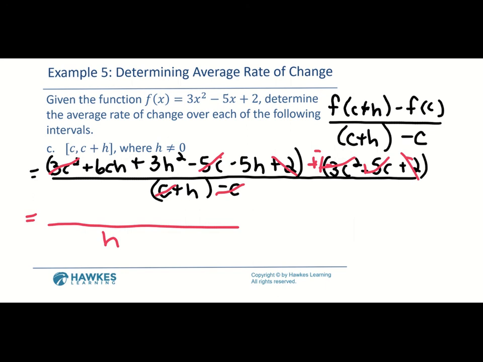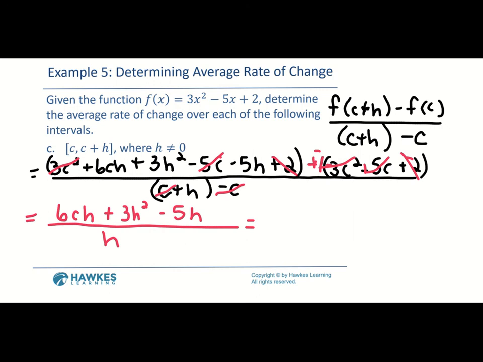On the top, I now have, what's left? We have 6ch plus 3h squared minus 5h. And everything else is gone. Now, I can do a little bit more simplifying. On this top expression, if I notice, I can factor out an h from everything because it has a common factor of h.